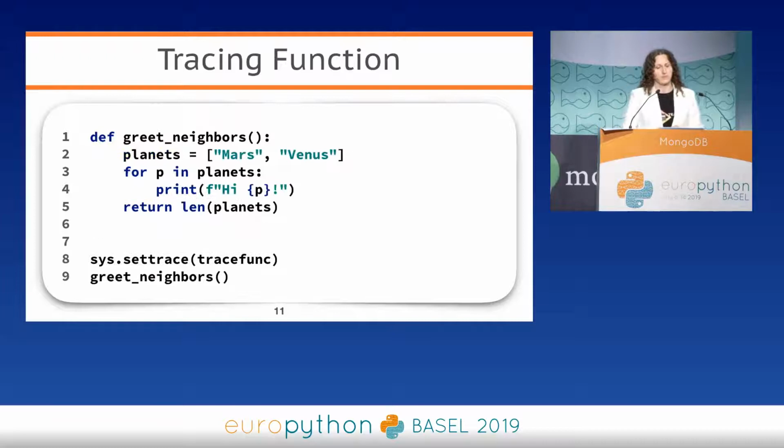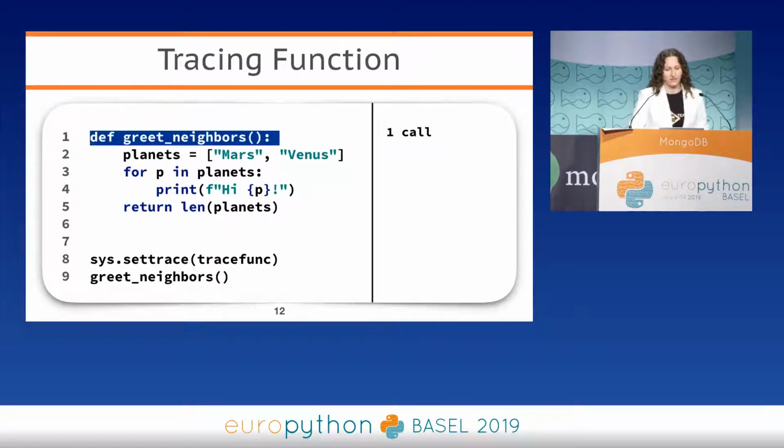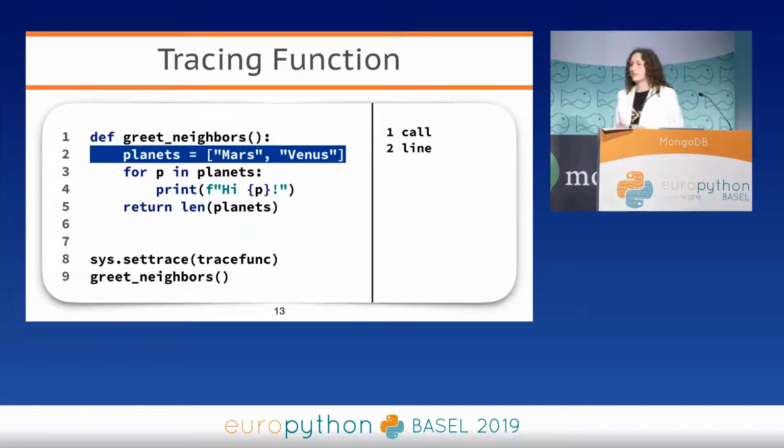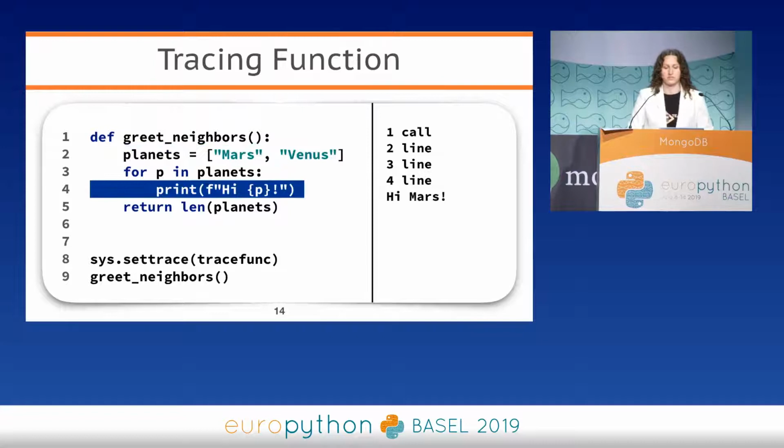On a simple example, a function greet_neighbors, which sends greetings to our neighbors. On the first line, when we call our function, the event call arrives on the first line because Python called this function greet_neighbors. Then Python executes the second line, so the event line arrives on the second line. Then the interpreter executes lines 3 and 4, and we're receiving the following events, and the output hi Mars appears.